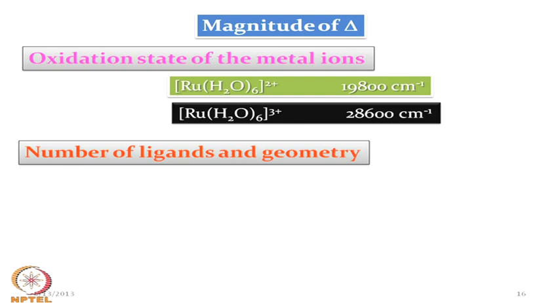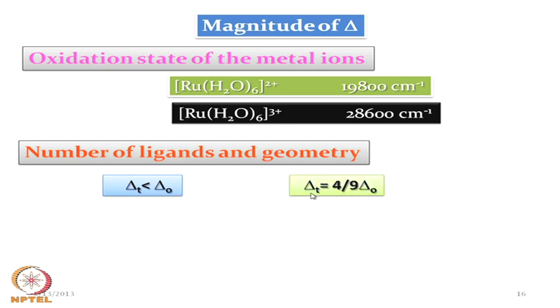Then the number of ligands and geometry is also very crucial, because the number of ligands can change the geometry as well as the delta value. As we have already seen, since more ligands are present in octahedral geometry, delta O is always greater than delta T, which is for the tetrahedral geometry with fewer ligands, that means 4 ligands compared to 6 ligands.